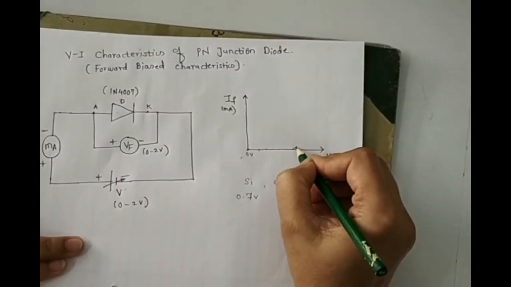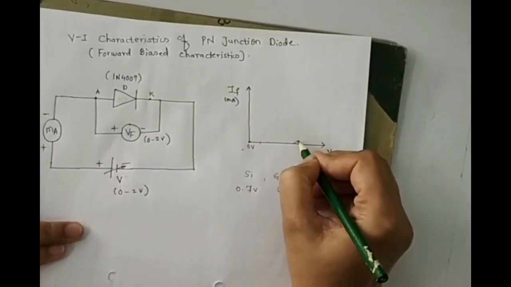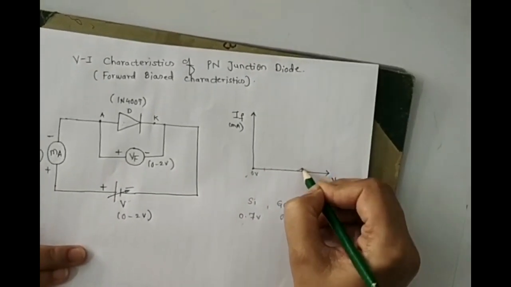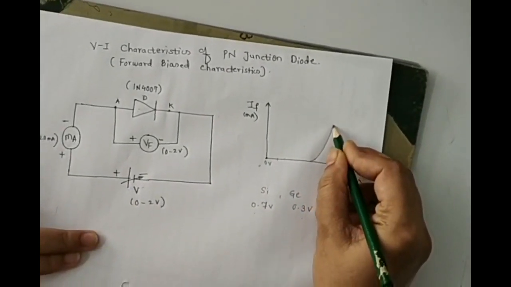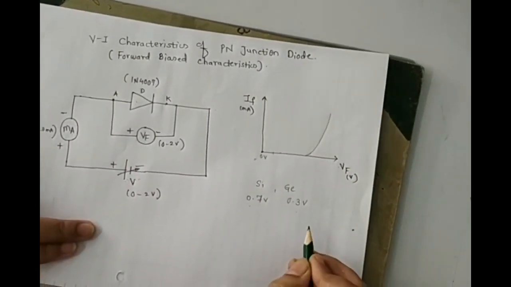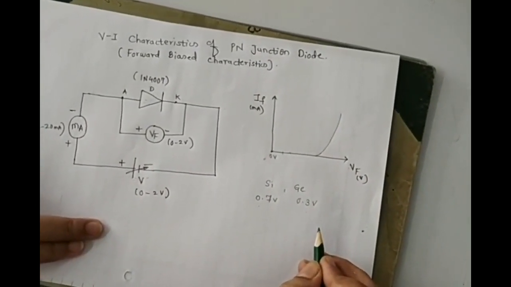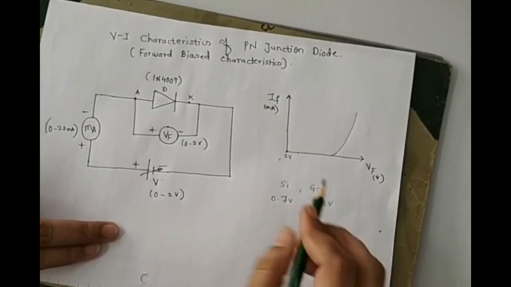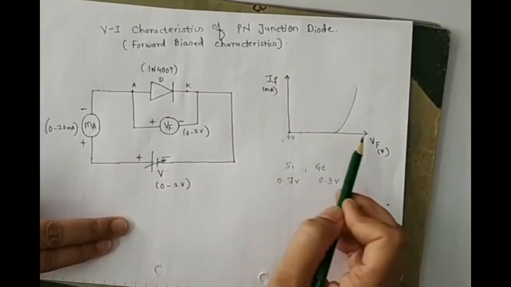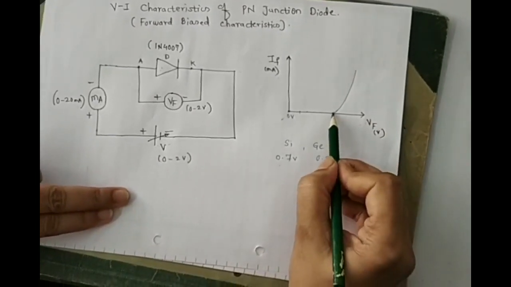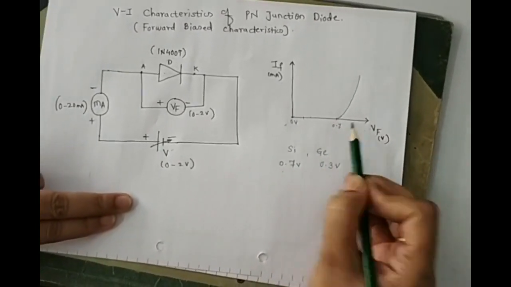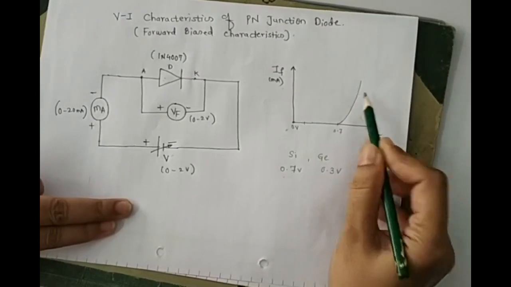So after 0.7, if you start increasing the voltage to 0.7, 0.8, 0.9 till 1, you will get this kind of graph. As you can observe, the graph shows there is a linear relation between current and voltage after 0.7.